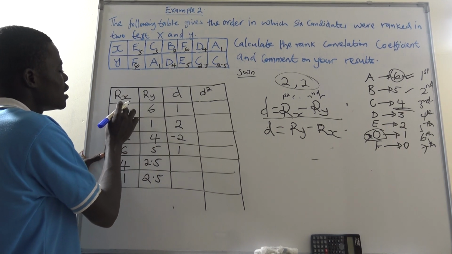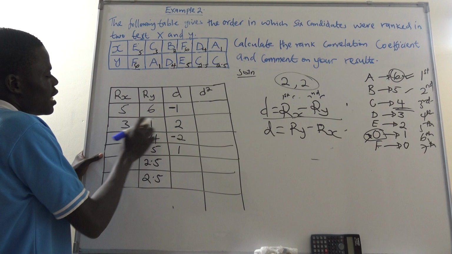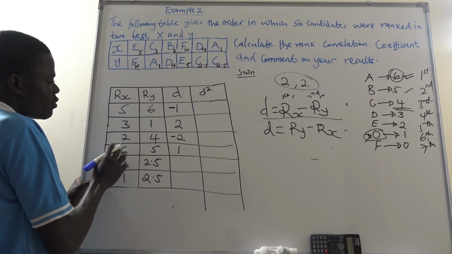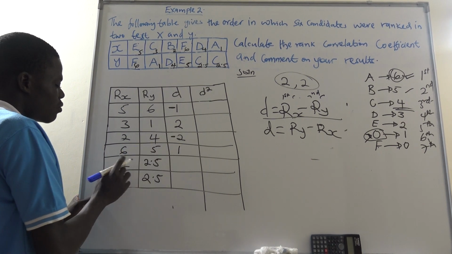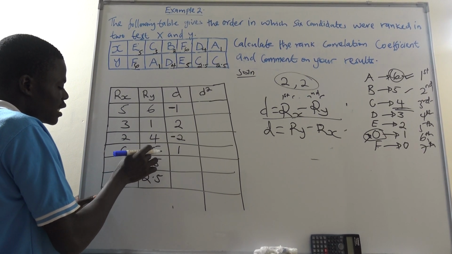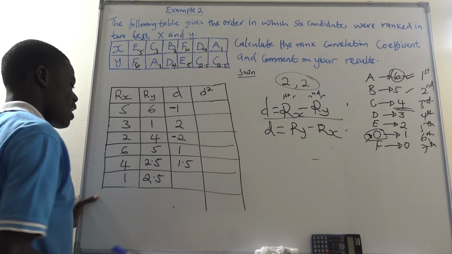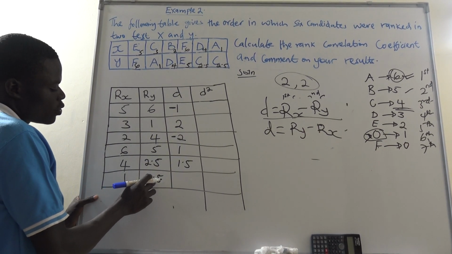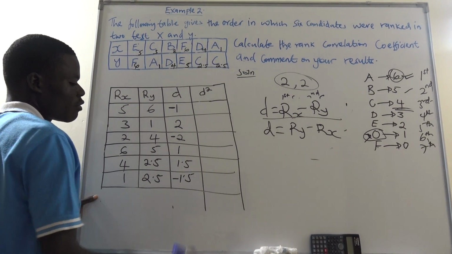Again here, it is 5 minus 6, that is negative 1. Then this one positive, this one negative. So for that, 6 minus 5, I get 1. Then 4 minus 2.5, I get 1.5. 1 minus 2.5, that is negative 1.5.